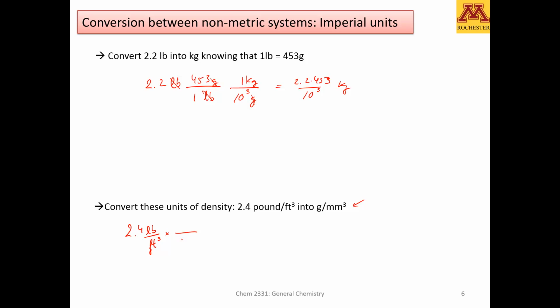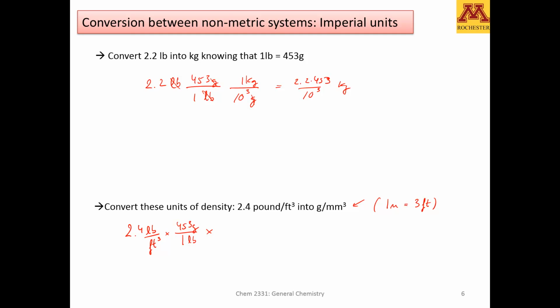What is the conversion? 1 pound is 453 grams. Now, feet and millimeters. In this case, since you're not supposed to memorize, let's say that you know that 1 meter is 3 feet. So how can we convert that into cubic millimeters?